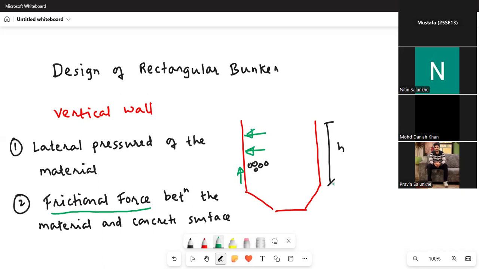So in case of bunkers, the frictional force can be ignored, but it cannot be ignored in case of silos. When you are dealing with the silo, you need to take the frictional force into consideration. Here in bunkers, the vertical wall is subjected to frictional force, but because of the lesser height, it will be very small.